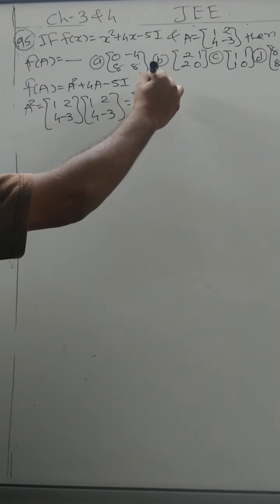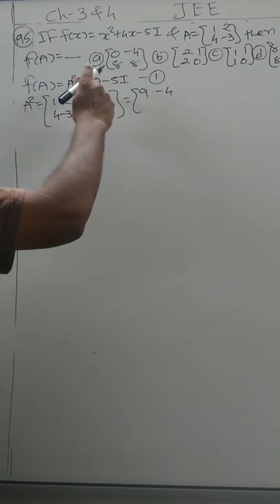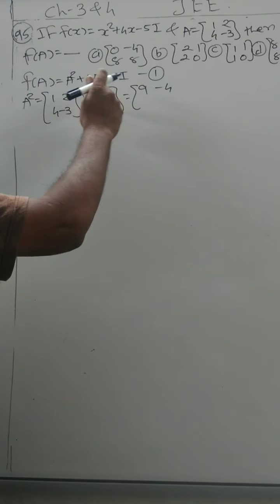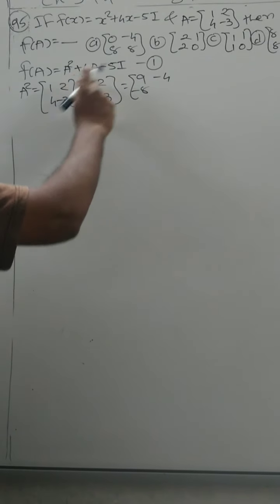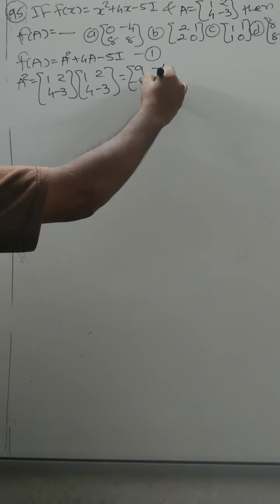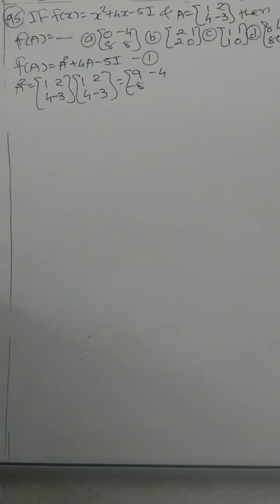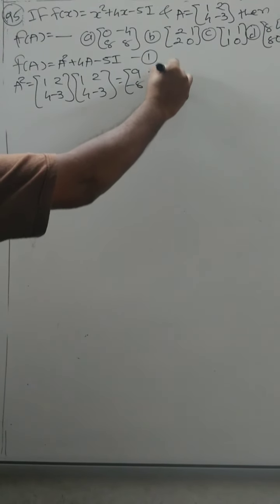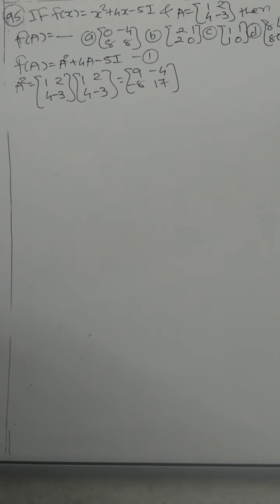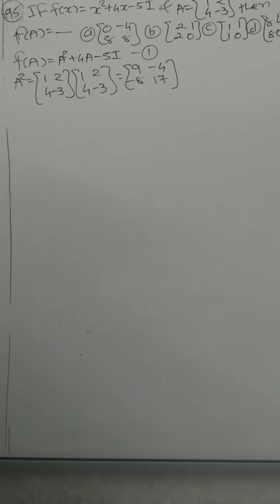Then 2 minus 6, minus 4, then 4 minus 12, minus 8, and then 8 plus 9, it is 17. So we have A square equal to [9, -4; -8, 17].